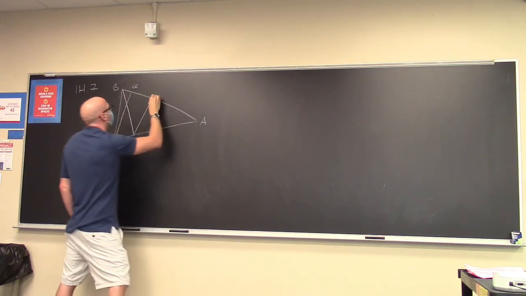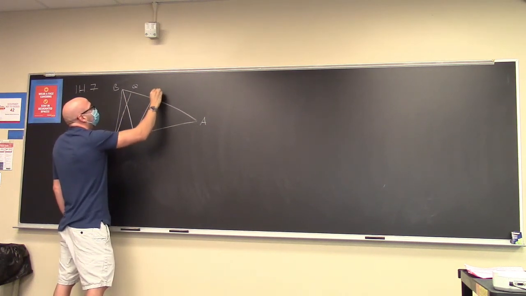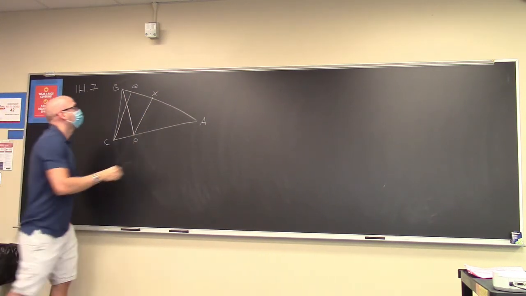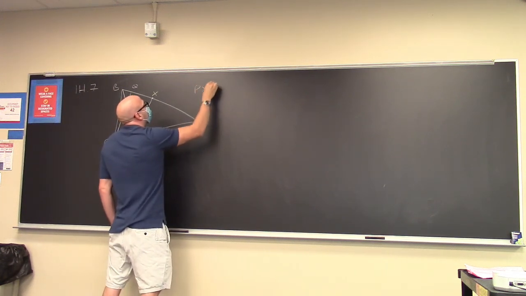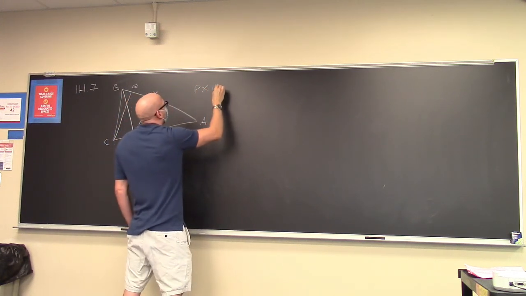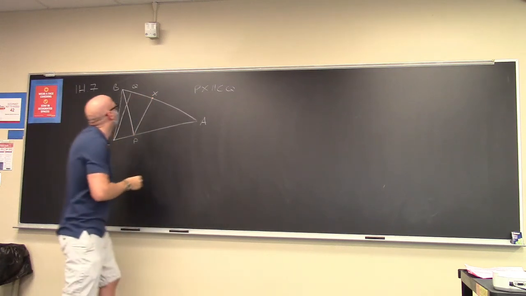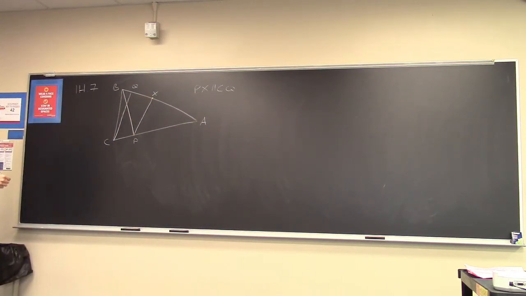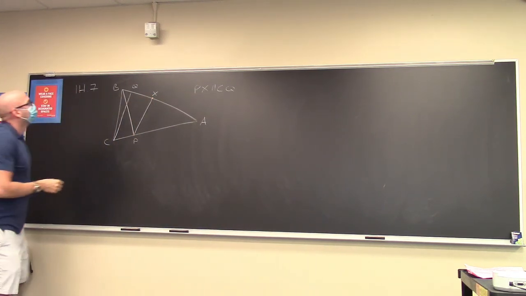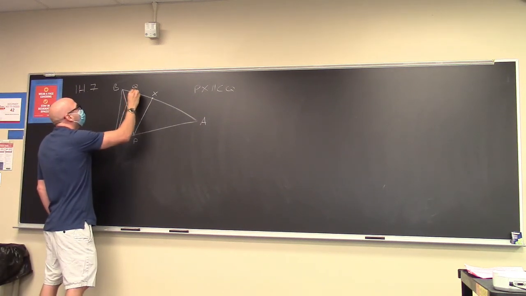I'll connect that to, again, maybe I'm getting the labeling wrong, but X. So PX is drawn to be parallel to CQ. These letters definitely don't seem right to me, but I'm going to come into Q and draw on a line segment that's parallel to BP.